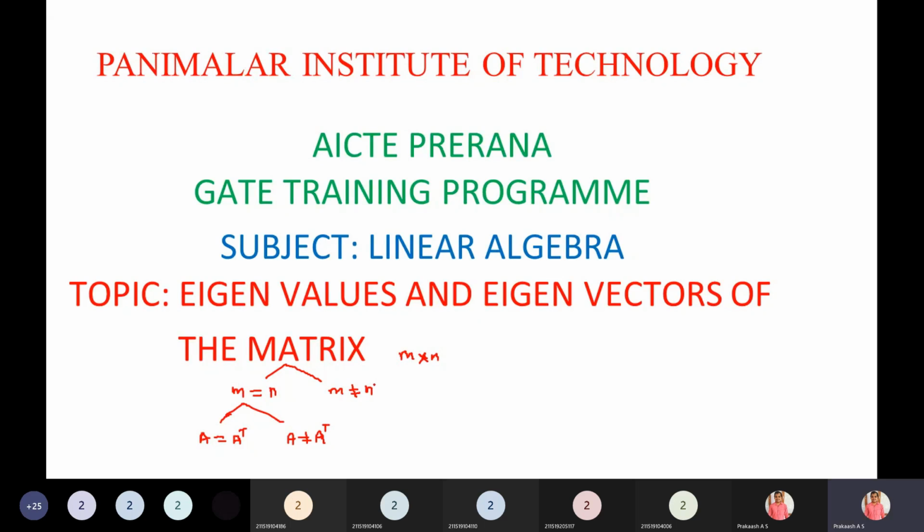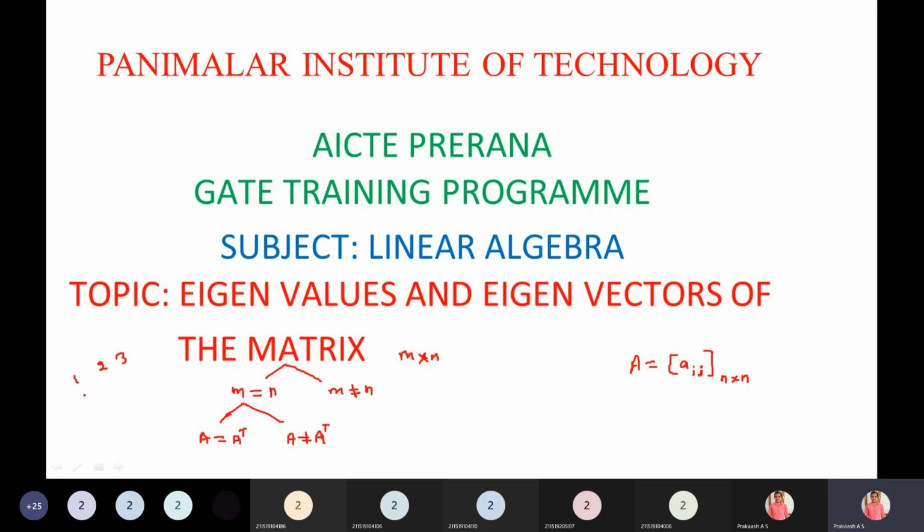What is A transpose? Generally A is denoted as Aij, an n by n matrix, n rows and n columns. If the first row elements are the same as the first column elements, second row same as second column, for example for a 2 by 2 or 3 by 3 matrix, 1, 2, 3.